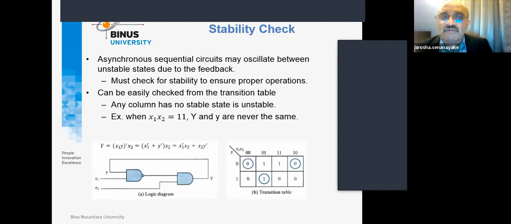So if at all we want to look at it, the expectation for asynchronous circuits is always the stability check, as I explained to you right at the beginning. What is that? Due to the feedback, such feedback delays most probably might lead to unstable states.